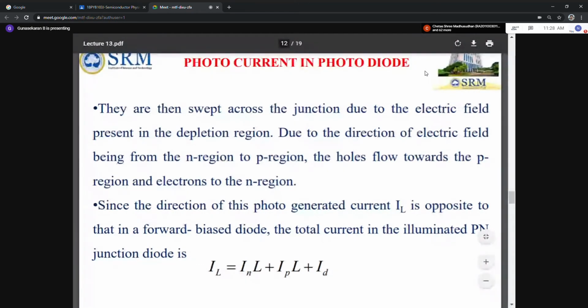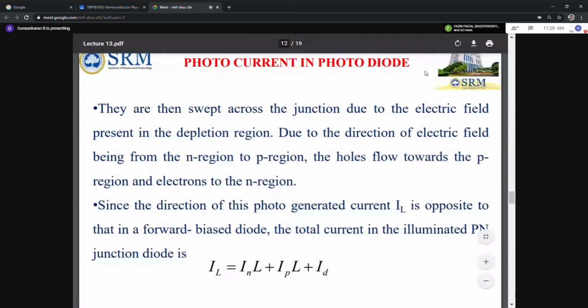The direction of this photo generated current, IL, where the suffix L is for light and I is the current, is opposite to that in the forward bias diode, because the photodiode operates in the reverse bias condition. The total current is given by IL equal to INL plus IPL plus ID.